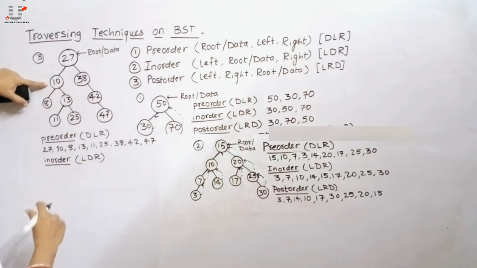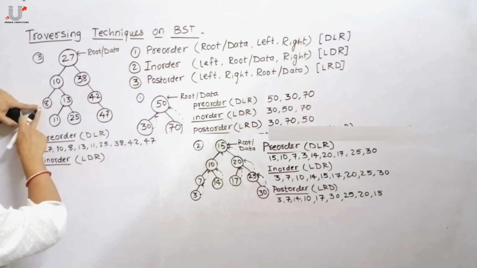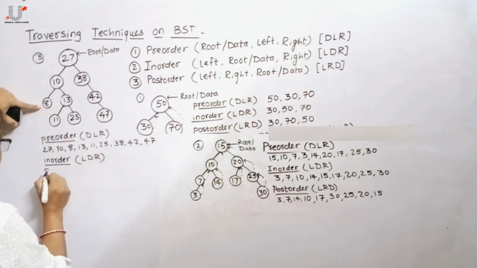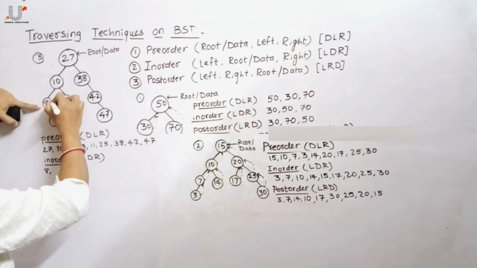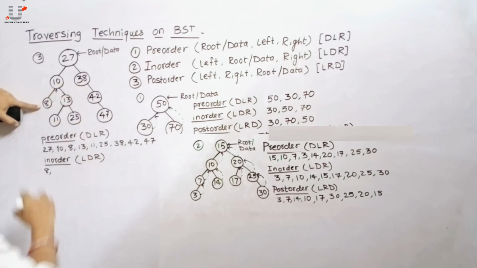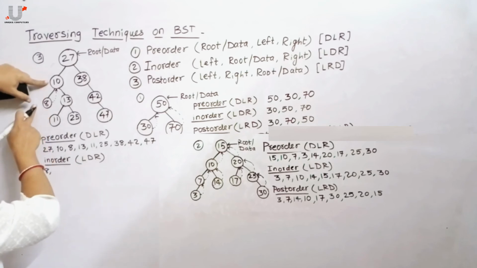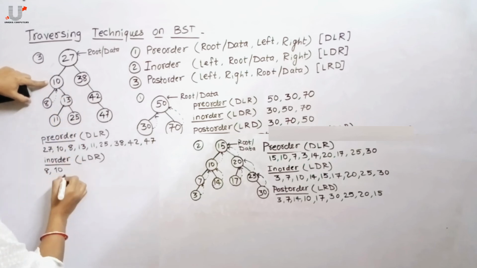Again check whether a left subtree is present, yes, control will transfer to this 8. Again apply LDR for that 8; as no left subtree is there, data gets processed first, that means 8. Then as no right child is present, backtrack to its previous location. On this 10, as L has already been processed, data gets processed, that means 10.